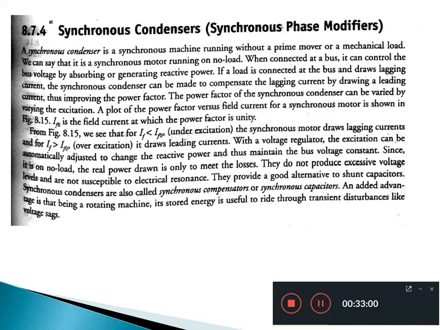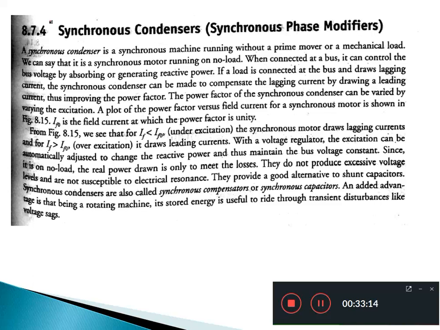During under excitation, the current will flow from source to load. During that time, it generates reactive power. In that case, we call it a lagging current.